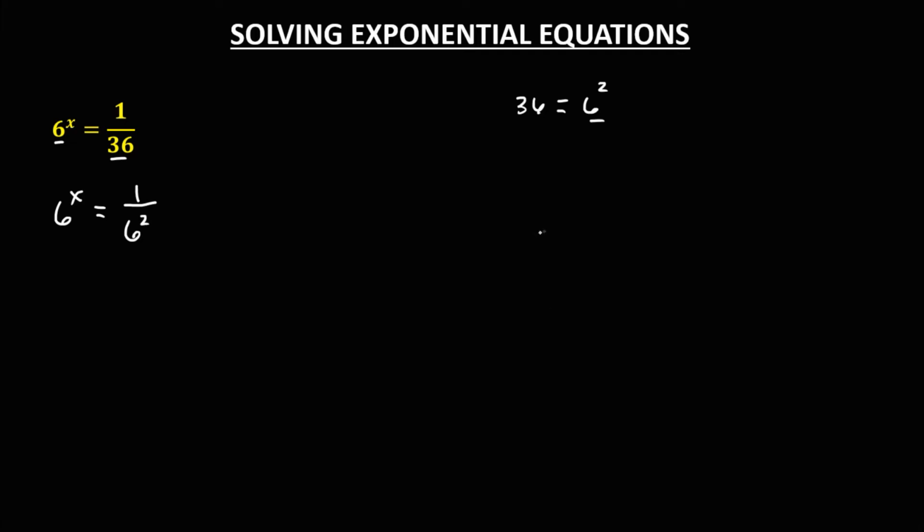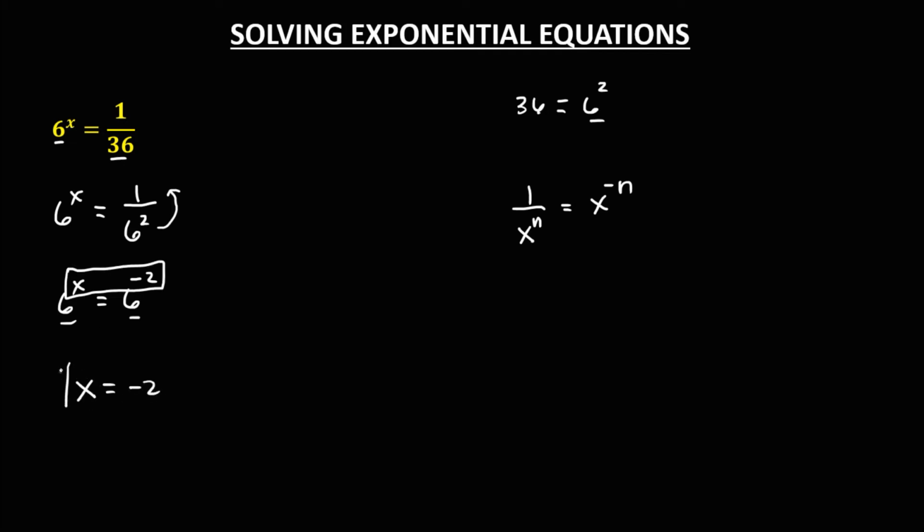Then from the laws of exponent, that if we have 1 over x to the power n, this one is equal to x to the power negative n. So therefore, we can rewrite this equation as 6 to the power x equals, move up, so this becomes 6 to the power negative 2. So since the same base, so therefore, x is equal to negative 2.